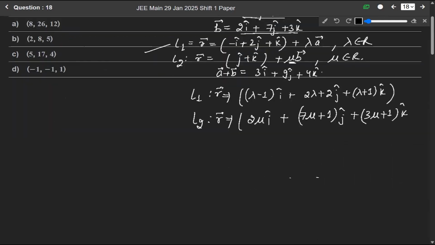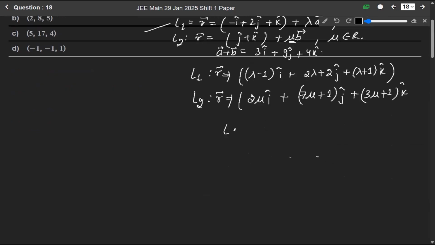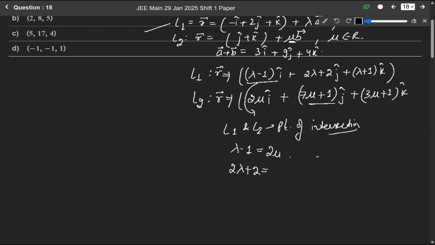Now, for the point of intersection of L1 and L2, we can write λ minus 1 will be equal to 2μ. 2λ plus 2 will be equal to 7μ plus 1.